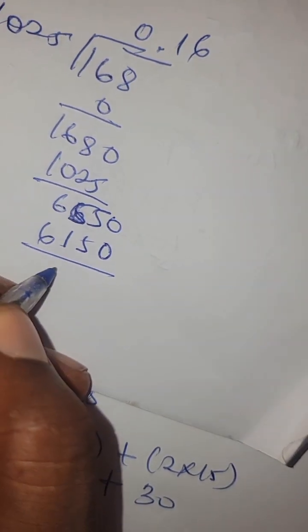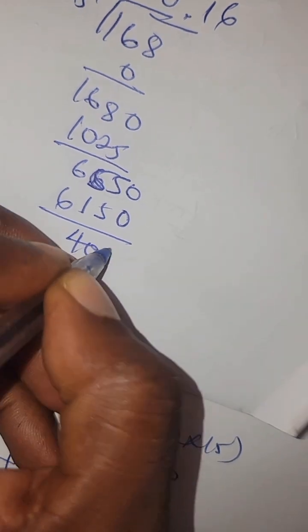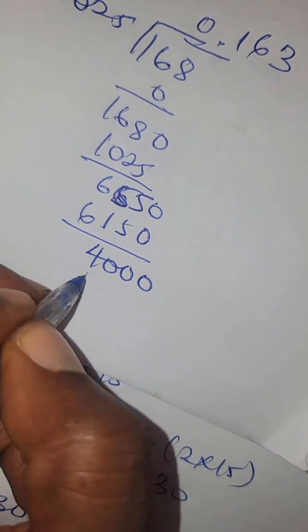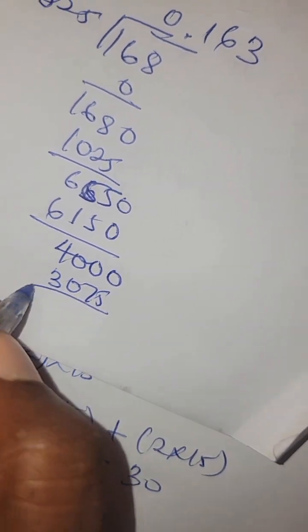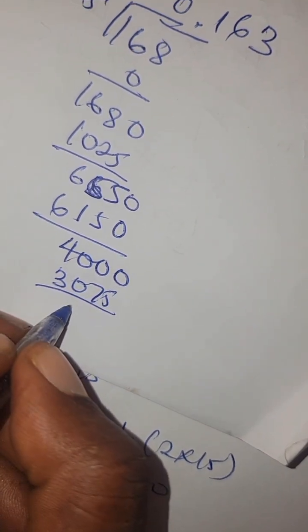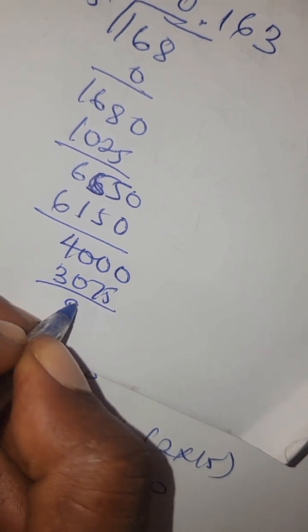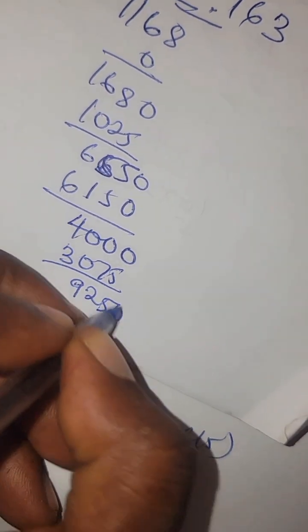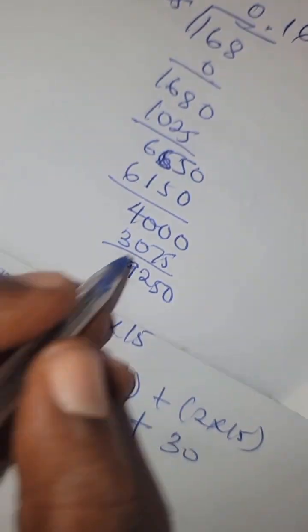So I'm going to subtract, and that's going to give me 400. We add a 0, that's going to be 3075. That's going to be 925. You add a 0.